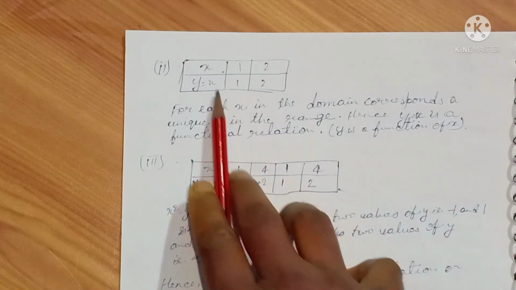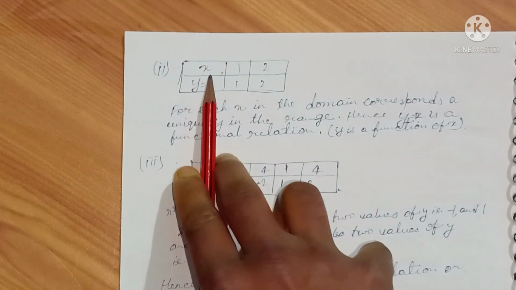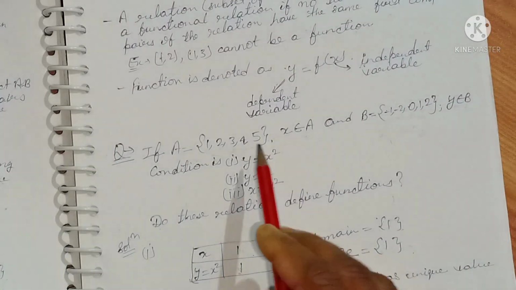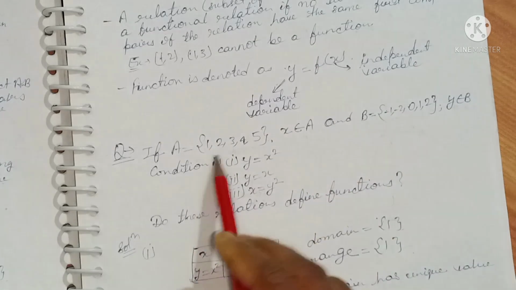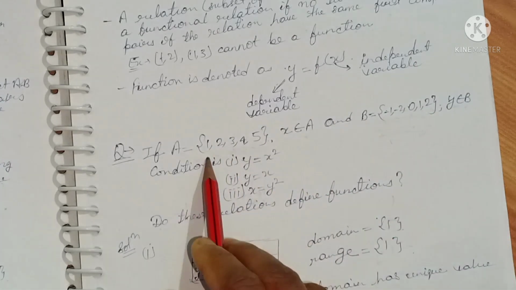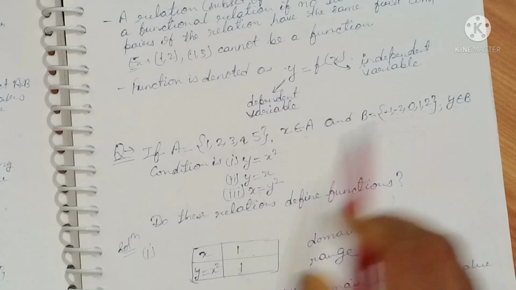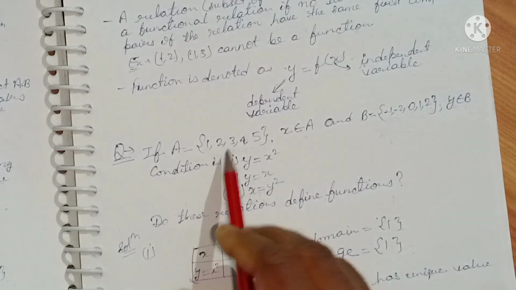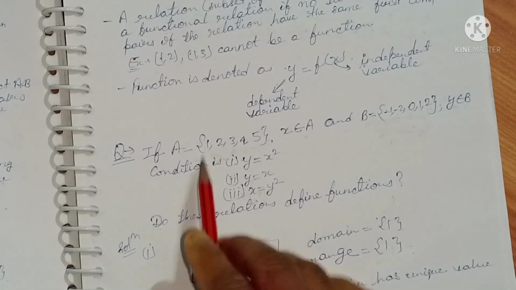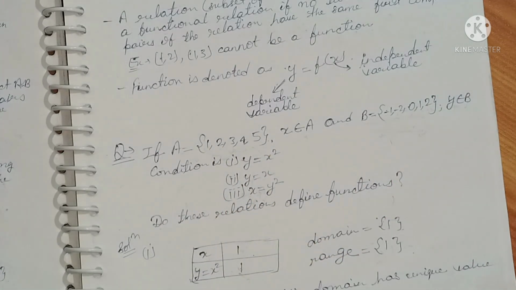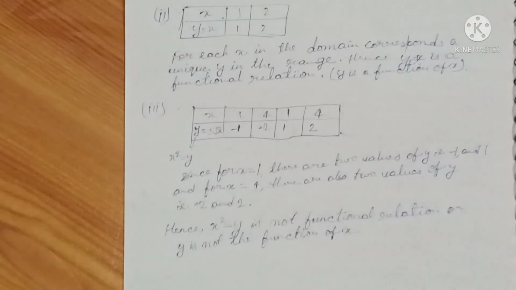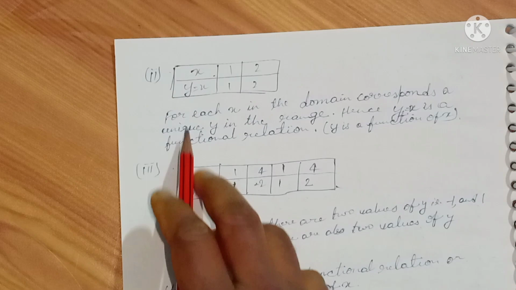If you check in these two sets A and B, you can see 1 is common, so x1, y1, this is the first. 2 is present, so 2. Other than 1 and 2, there is no element in these two sets which is common.